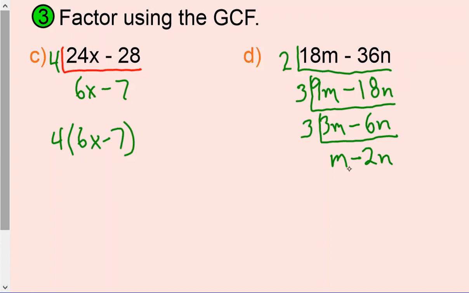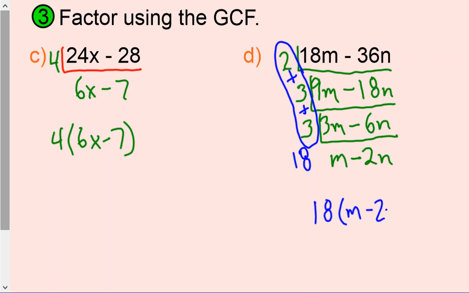Okay, so now we have our expression simplified as far as we can go, and then we need to figure out our greatest common factor by multiplying. 2 times 3 is 6, times 3 would be 18. Okay, so then our final factored expression would be 18 times m minus 2n.